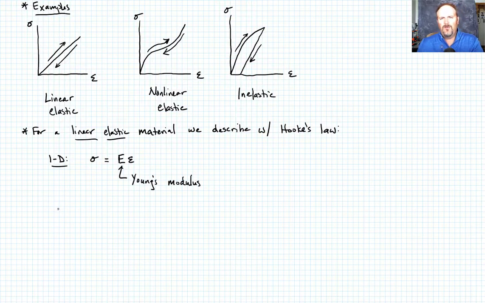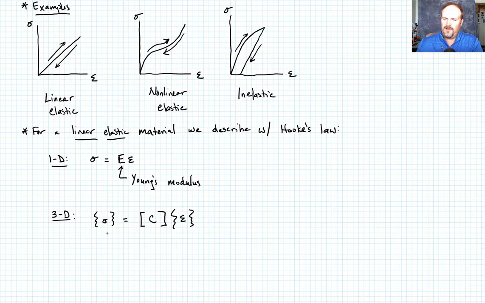Okay, then hopefully you became a little bit more sophisticated in your understanding of mechanics, and you moved to something that would be in 3D, and you said, well, we know that stress is really a tensor, it's not really a scalar quantity, and so you would write the stress tensor as actually a stress vector, and you'd say that that stress vector sigma is equal to this matrix, the stiffness matrix C, times a strain vector epsilon.